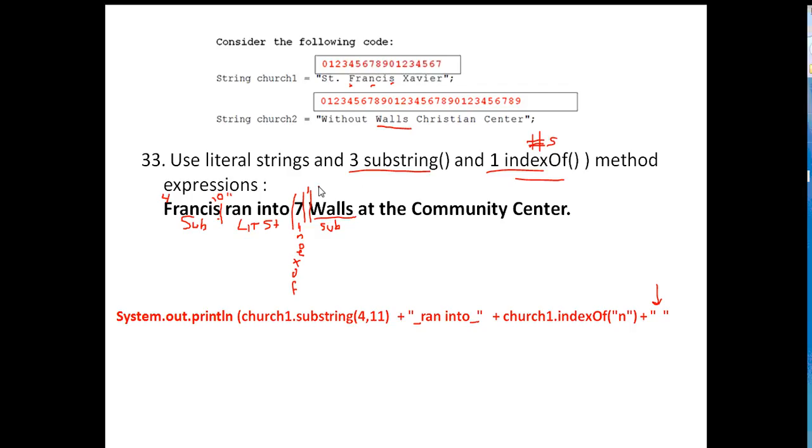Walls starts at 8 and it ends at 12. The second parameter has to be one more than 12, so we're going to use 13. We're using church2, so it's church2.substring(8, 13).